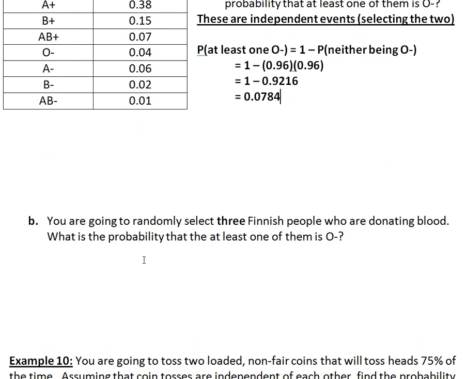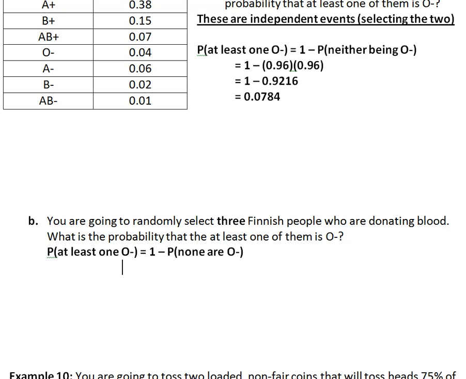I can do the same thing here in part B, but to a different degree, by saying I'm going to choose 3 people this time. What's the probability that at least one of them is O negative? Just like before, the probability of at least one O negative person is 1 minus the probability of none of them being O negative.